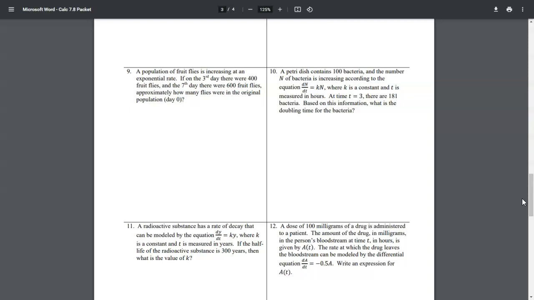Yeah, you can chop it in half. For an easier class.